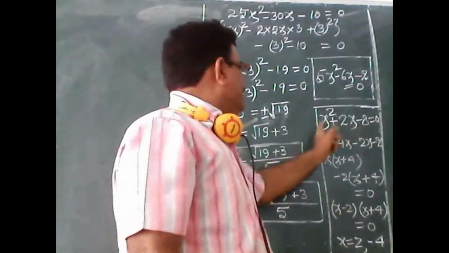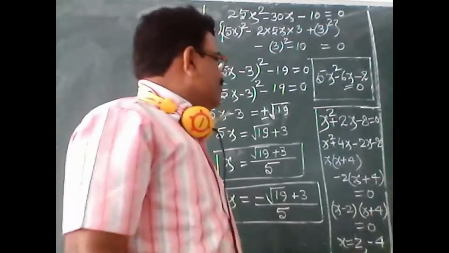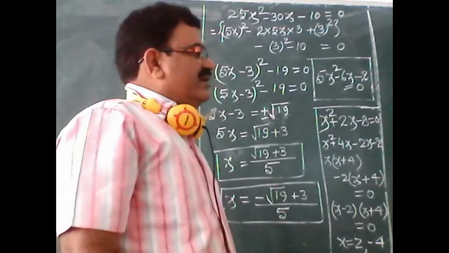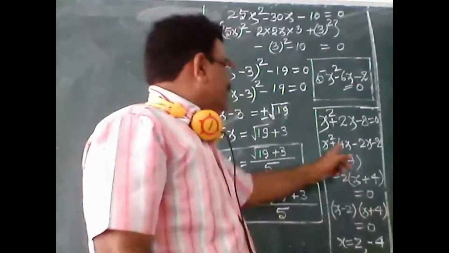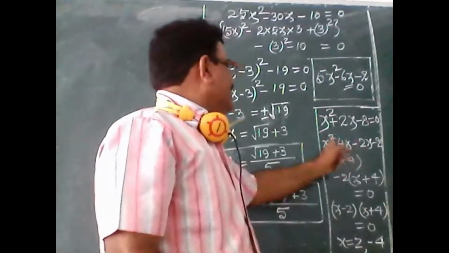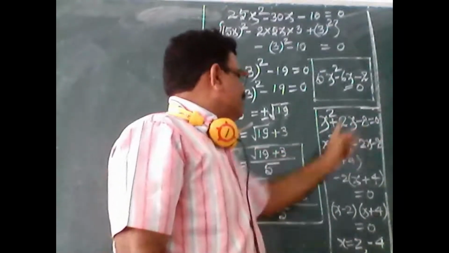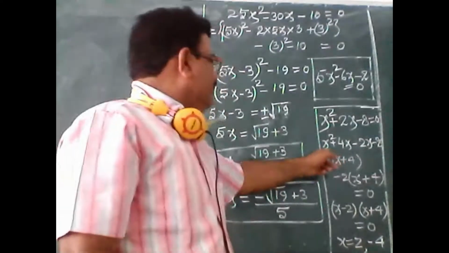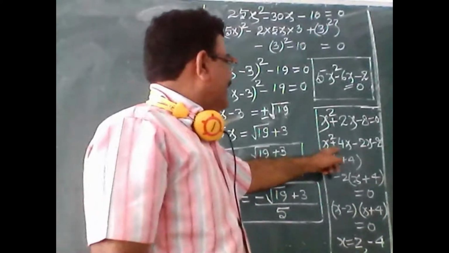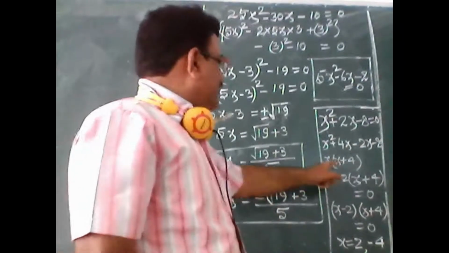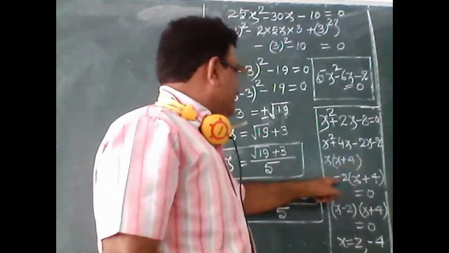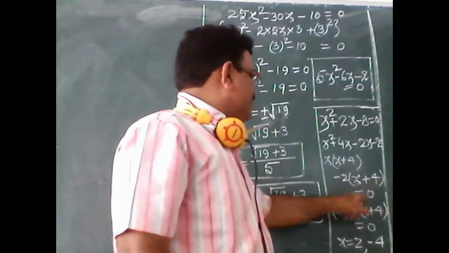So 8 into 1, that will be 8. So its factors will be 4 and 2. So with this 4 and 2 we can arrange this equation into the form x square plus 4x minus 2x minus 8, x into x plus 4 minus 2 into x plus 4 is equal to 0.